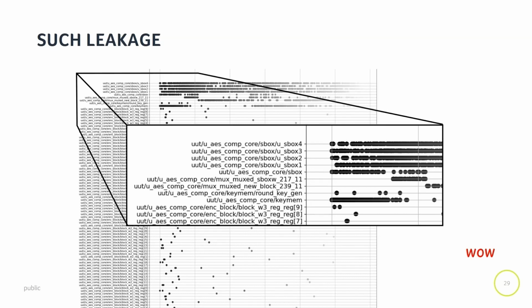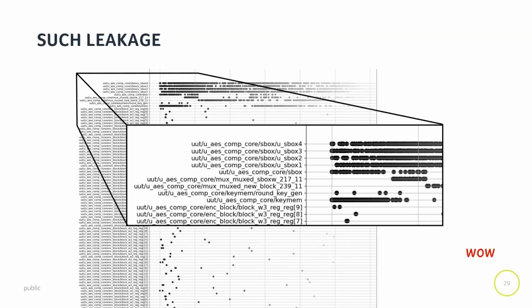And the shading is that correlation value. So the darker the color, the higher the correlation, the more it leaks. And the more dots, the more gates there are in a particular part of the hierarchy. You see those S boxes, they have the most gates and also the highest leakage. And that's where you would expect it. This was an unprotected implementation. So this was a nice validation of what we were doing.